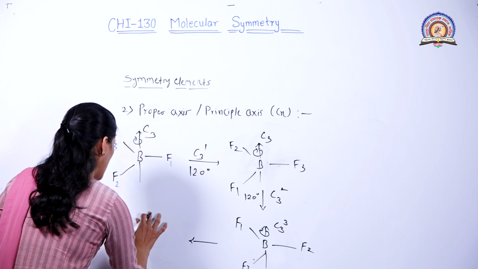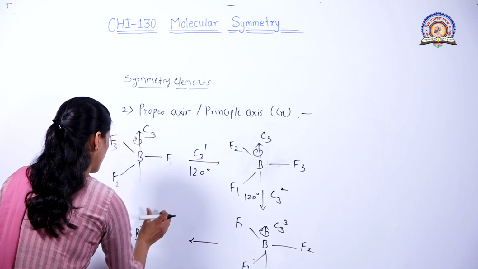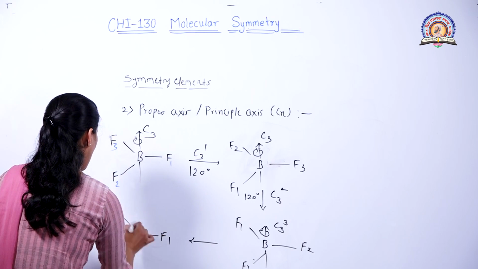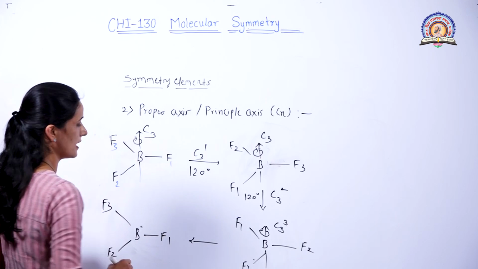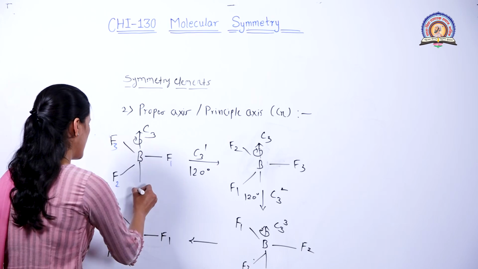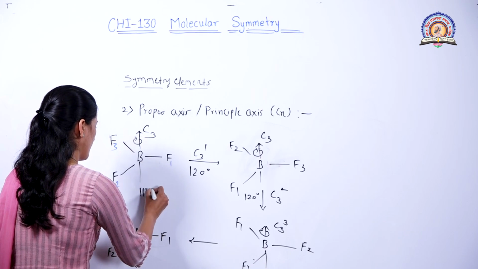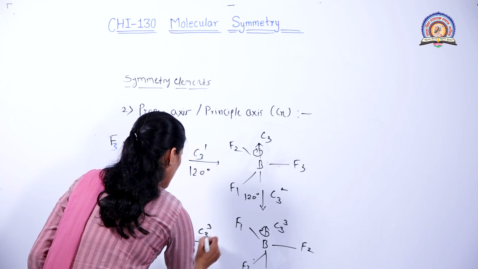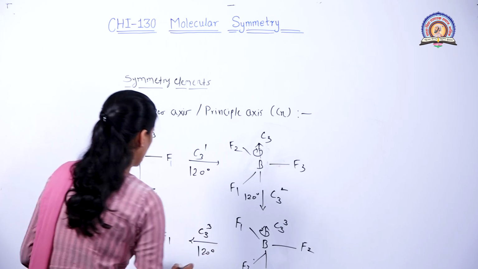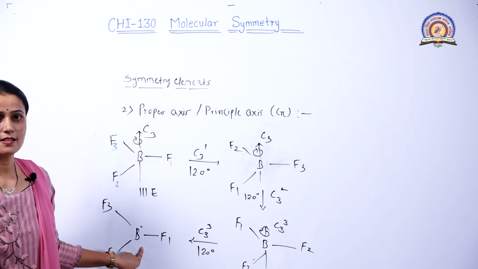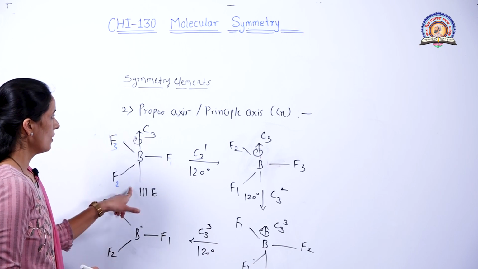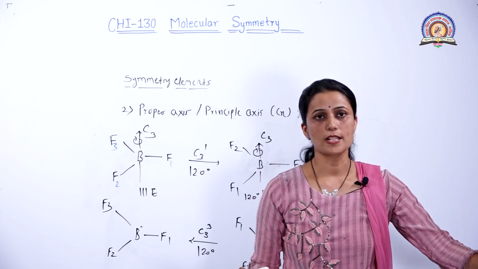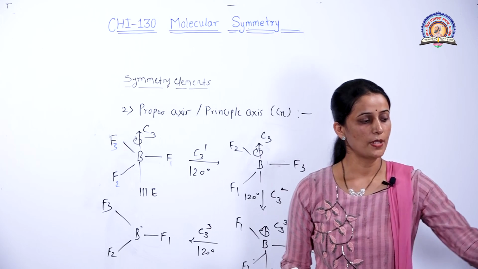I will get the identical structure, with F1, F2 and F3 in their original positions. This is nothing but the identity. So this is the proper or principal axis of the BF3 molecule.